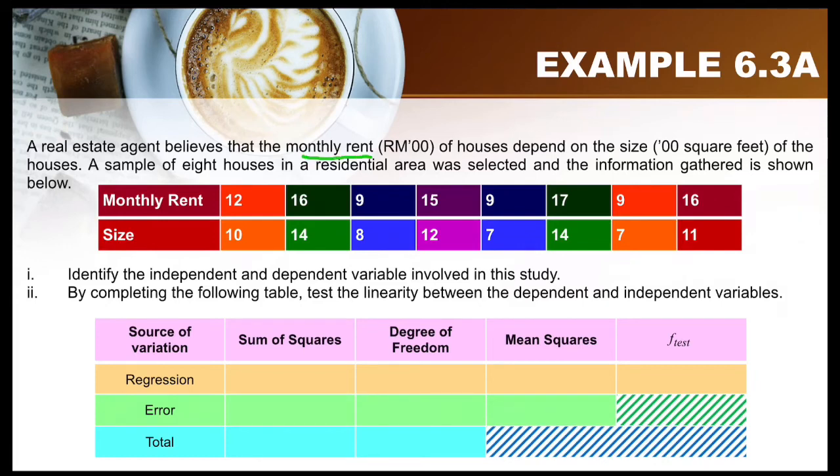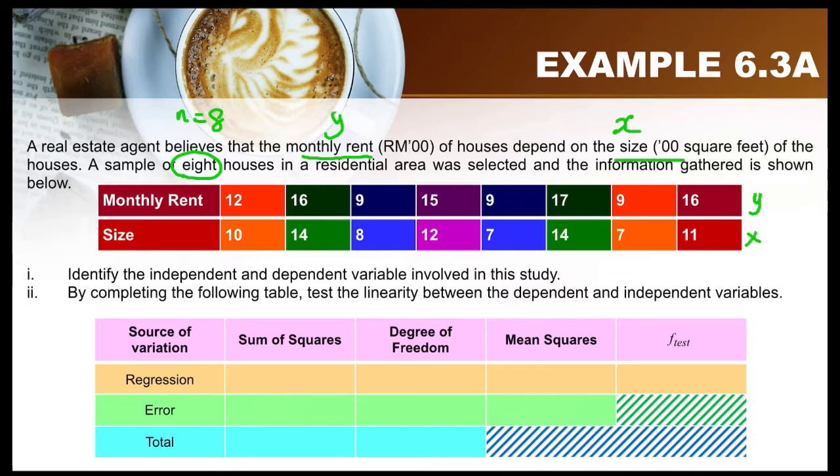So monthly rent and the size of the houses. So we know that monthly rent is Y, depends on the size X. A sample of 8 houses, so N equals 8, in a residential area was selected and the information gathered is shown below. You will have monthly rent, which is our Y, and then the size is our X.